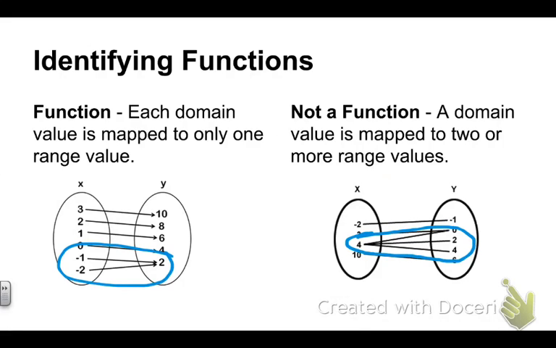If you look, -1 has one output over here. -2 has one output. But if you look at 4, how many outputs does 4 have? It has 0, 2, and 4. Because it has 3, it is not a function. Every input needs to have one output.